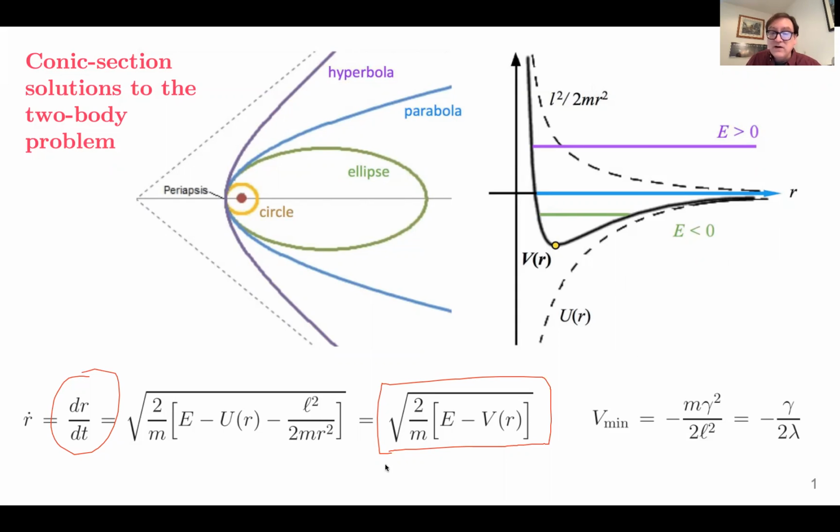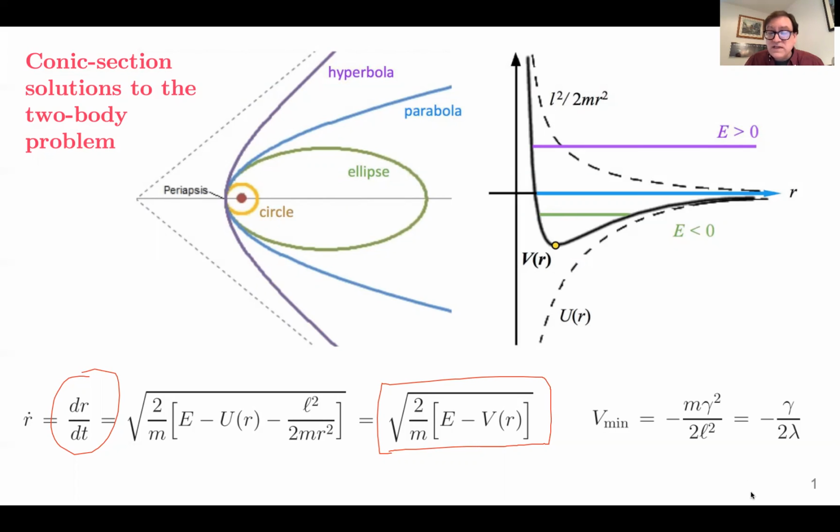You can write it out using the components of U and the centrifugal term as a specific constant that depends on the angular momentum and the masses, and all that, and lambda, the scale size of the system.